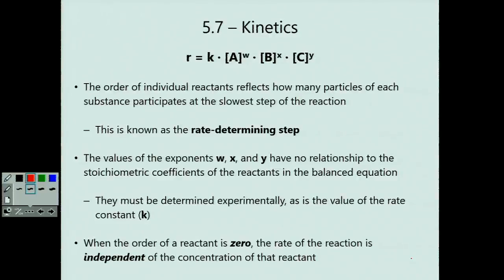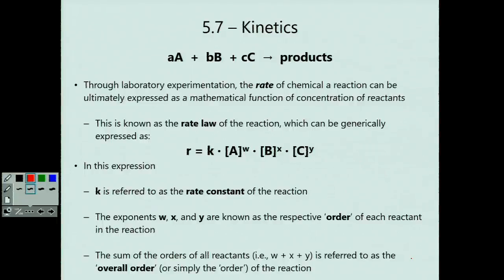If any substance in the reaction, even though it may appear as one of the reactants, but if that slowest step of the process, any of the substances do not actively participate in that step, meaning they may participate before or after that step, but not at the step that ultimately is the bottleneck that determines the rate, then their order will be zero. They don't appear in the rate law. Okay?